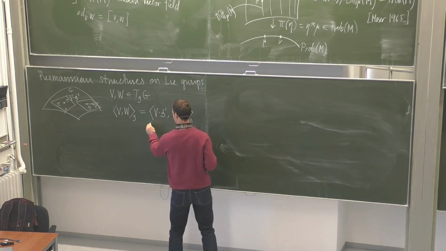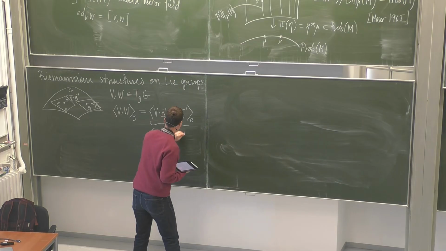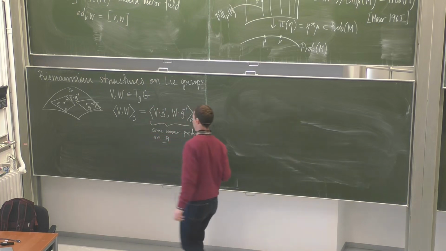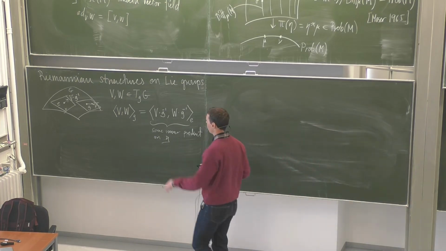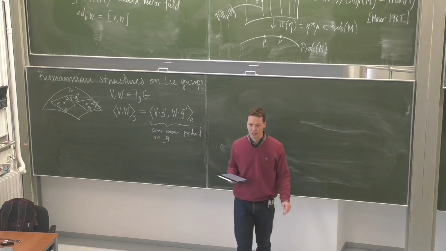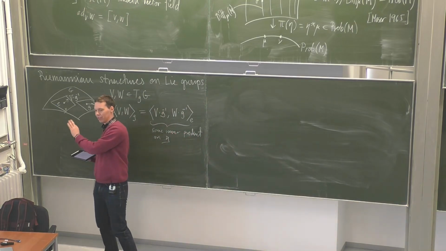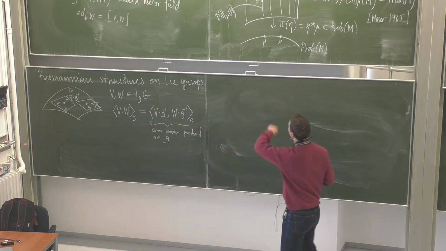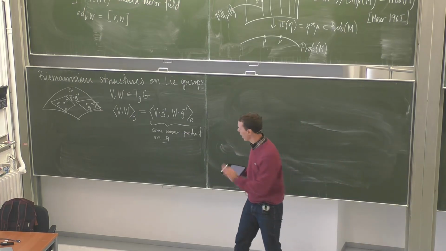So this is all I have to specify: an inner product on the algebra. This is the class of metric that I'm considering for now. Okay, so this will be fully right invariant. In fact, sometimes I'm only interested in metrics that are invariant. But for now, let's take this picture.